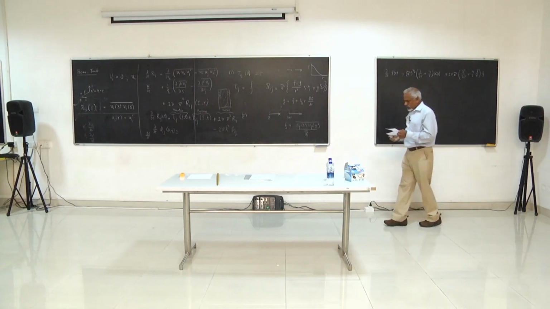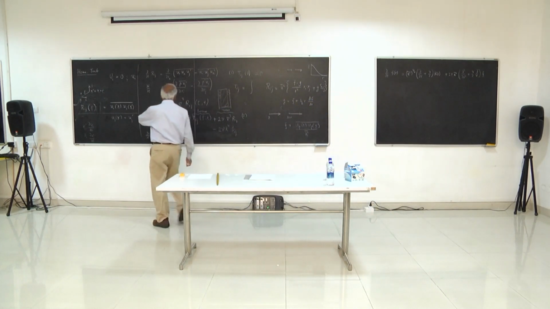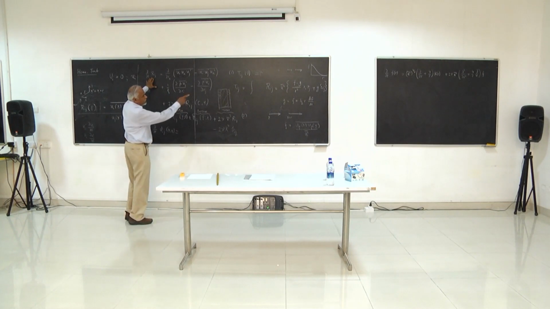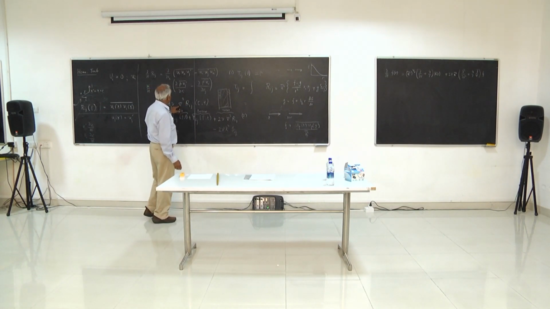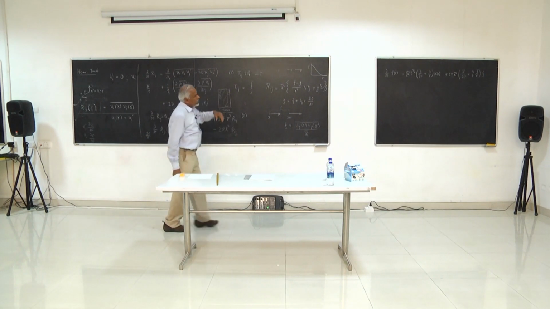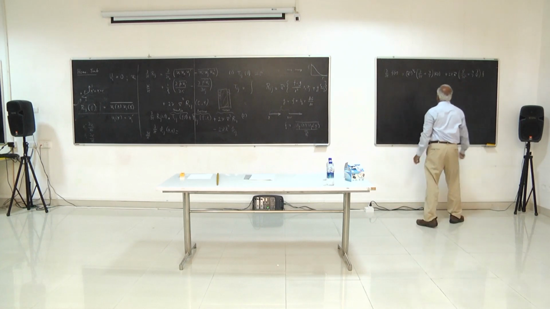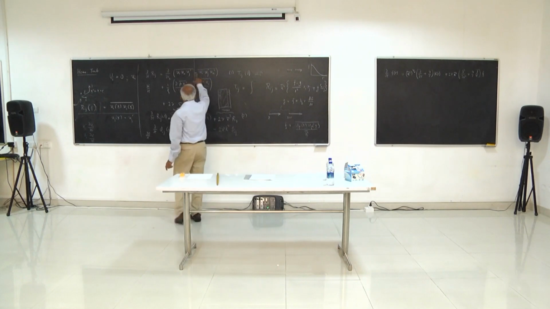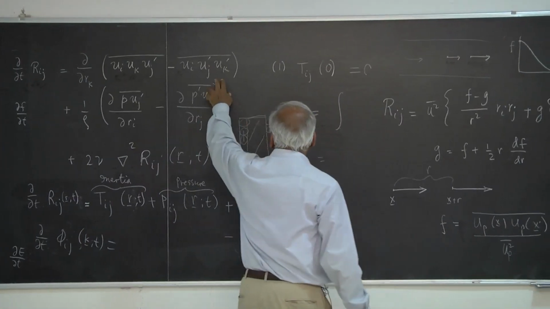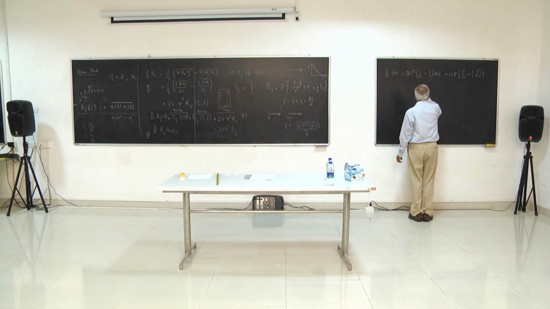So it's simply that, and you can see all of them in some fashion. d/dt of R_ij just comes out to be like that. And this one here, which has 2 nu nabla squared, this nabla squared just turns out to have this form. And then I have this k of r, which is coming from a combination of these two. And just from here, this actually turns out to be 0. So what is k of r?